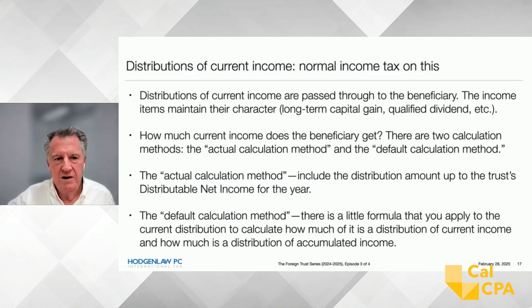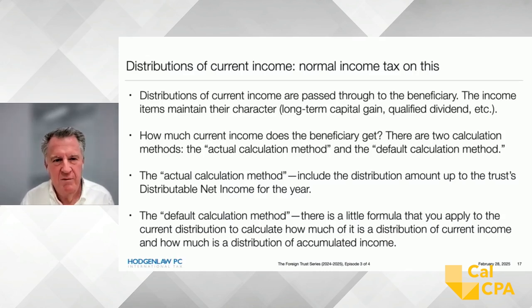But the picture that you need to understand for now is that when a distribution is made, it is taxable as current income, and it carries through the same character of income, qualified dividend, long-term capital gain, and so on, as it did in the hands of the trust. So that's up to DNI.